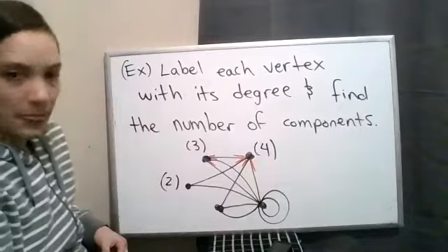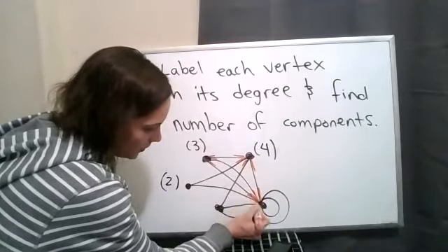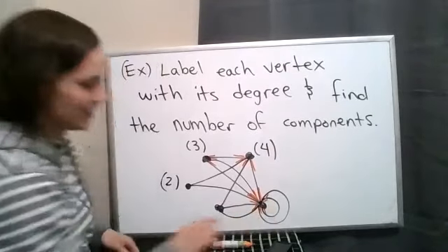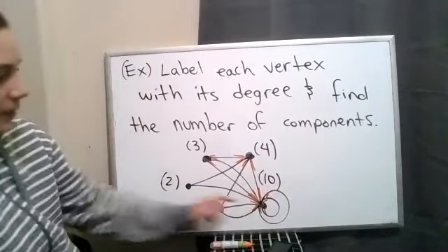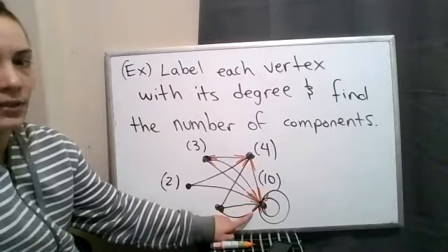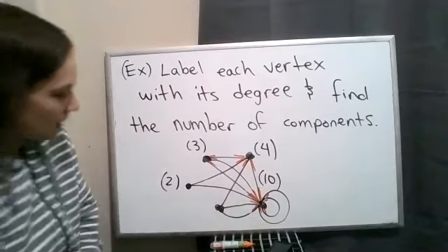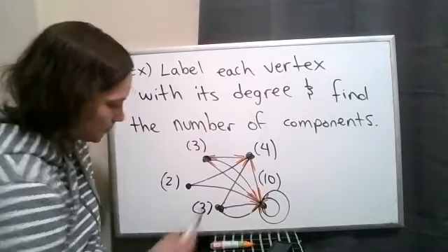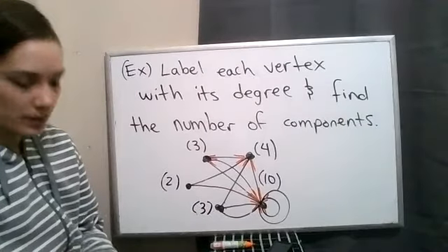Okay, 1, 2, 3, 4, 5, 6, and each loop adds 2. 6, 7, 8, 9, 10. And this last one's got degree 3. It's one component, which means it's connected.